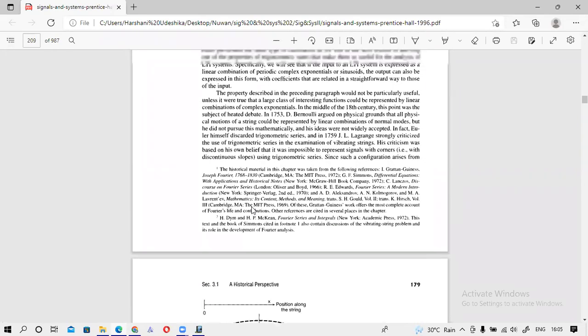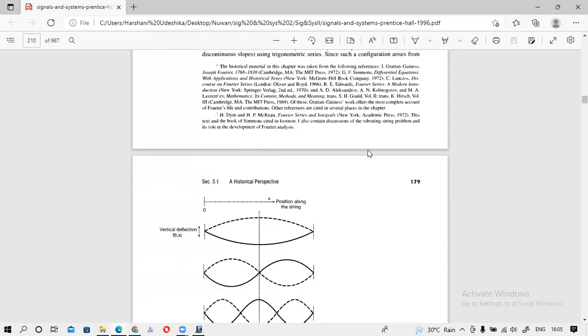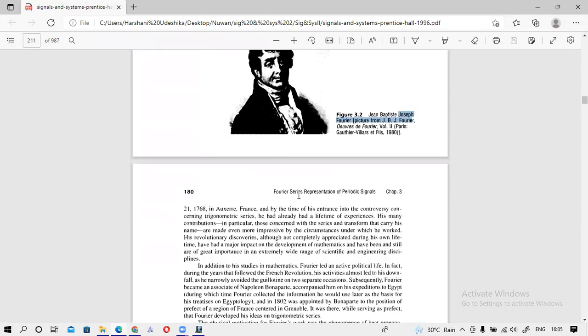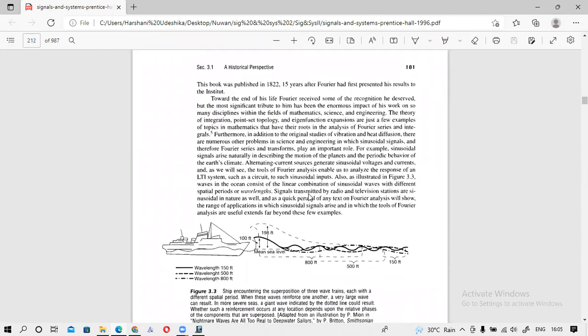You can read this stuff if you want. I'm sure you will not read these things, so I'm not going to tell you to read them. Anyway, the first publication is around 1822, no?